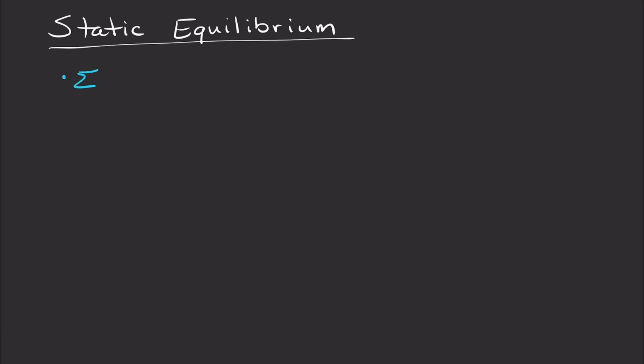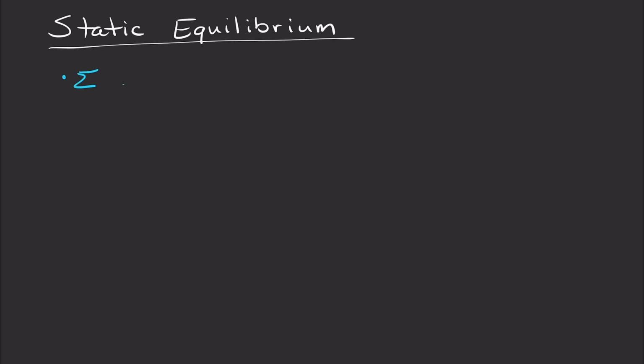So now I want to talk about static equilibrium. We mentioned equilibrium when we were talking about forces, but then we only considered particles, and particles couldn't rotate. They have to have another dimension to rotate into.